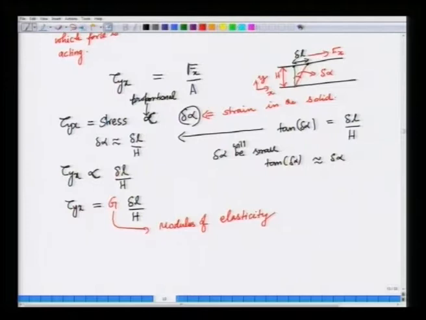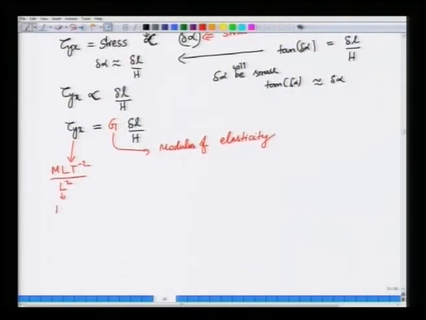And we can work out the dimensions or units of this quantity. Tau y x has dimensions of stress. Stress is force per unit area, force is mass times acceleration, divided by area. So, stress becomes M L to the minus 1 T to the minus 2.